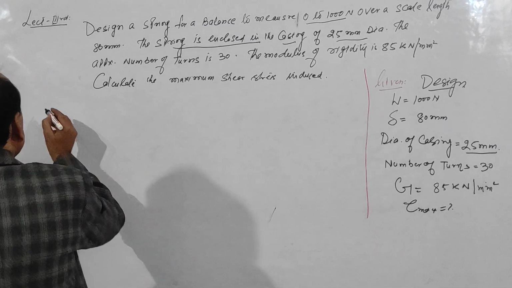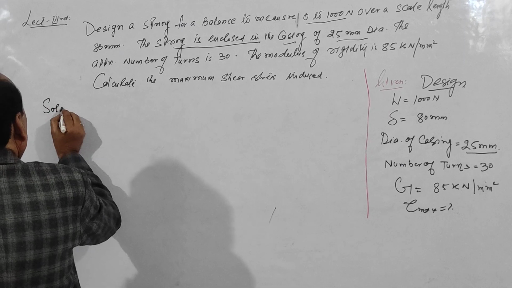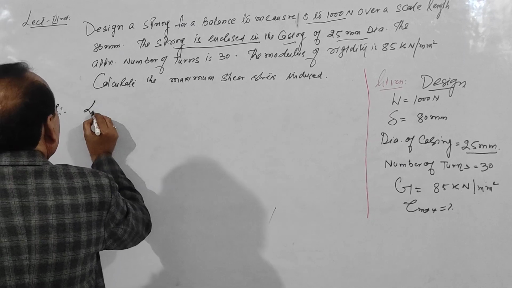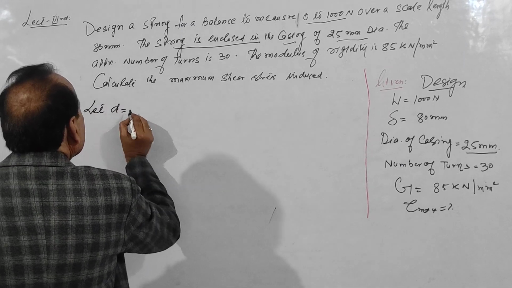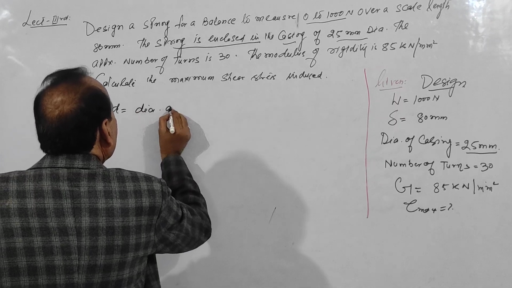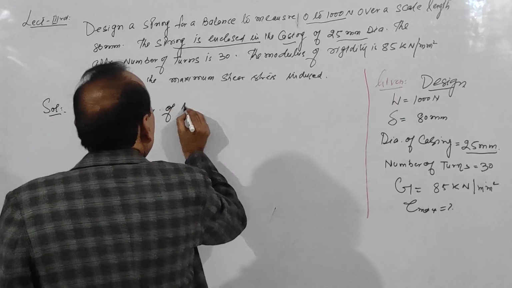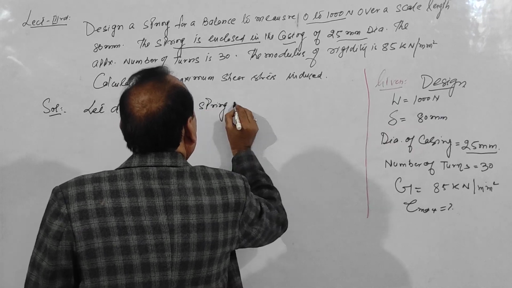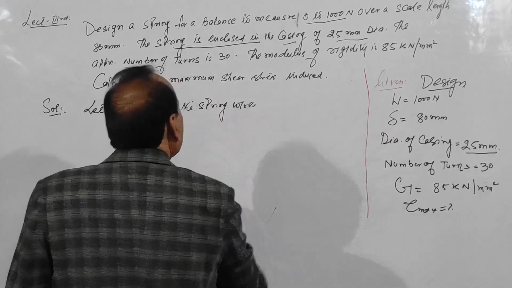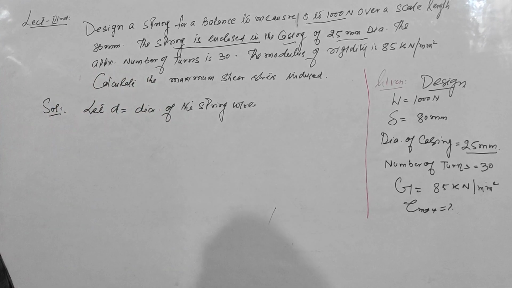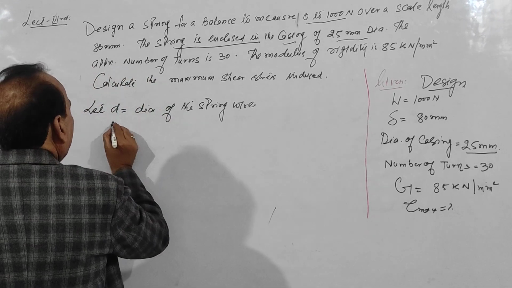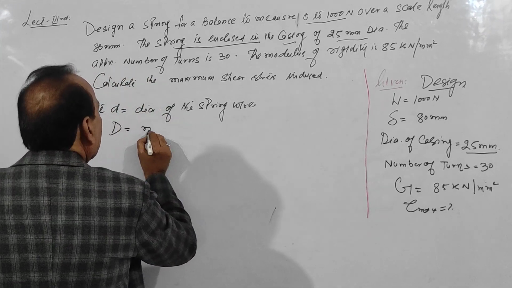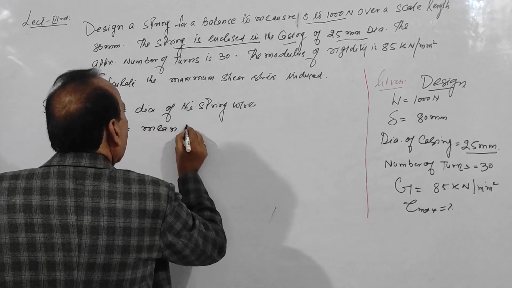So let's start the solution. Let d is the diameter of the spring wire, right, and D is your mean diameter.